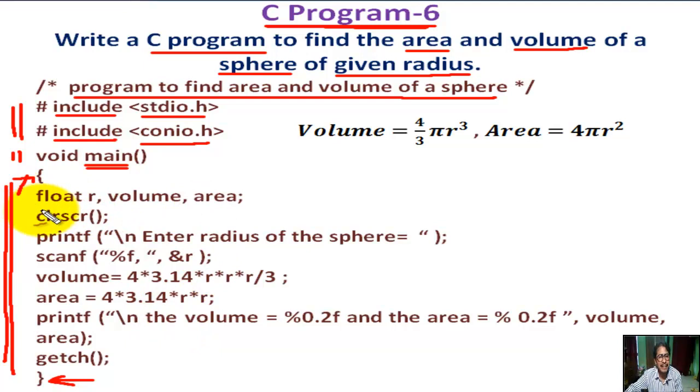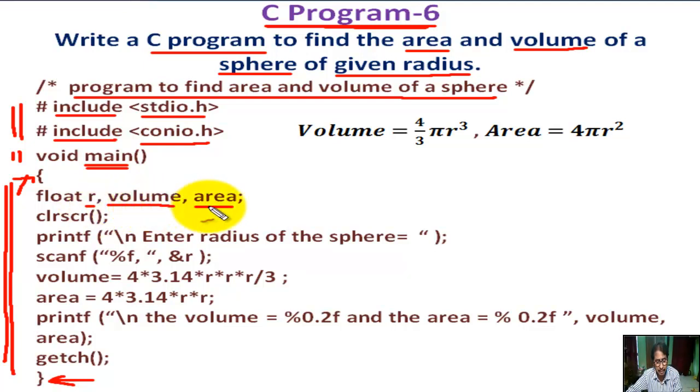Okay, here three variables are: radius of sphere, volume of sphere, area of sphere. Let r, volume and area be float variables.